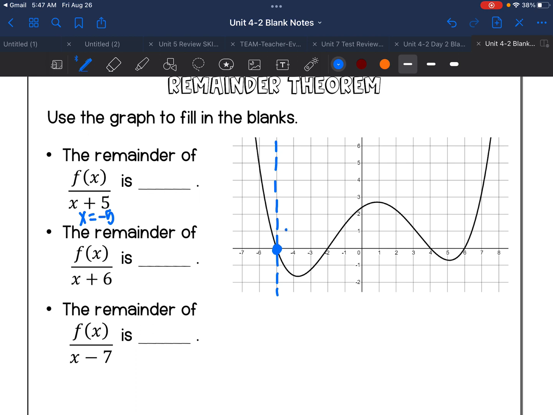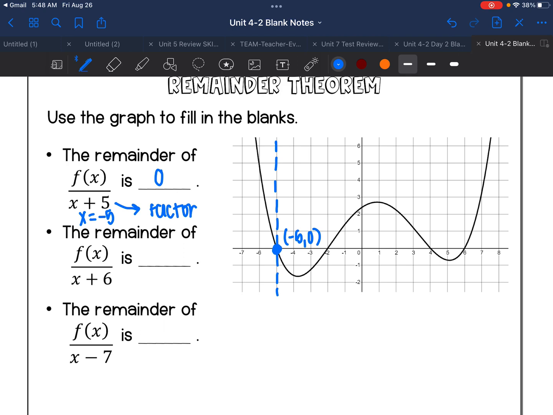So that is the point -5, 0. So the remainder, when f of x is divided by x plus 5, is 0, because again, y value is our remainder. Now, we're going to make a little note that since the remainder is 0, x plus 5 is a factor.